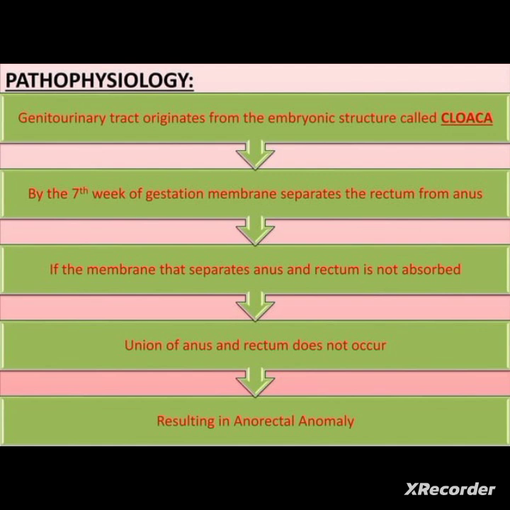If the membrane that separates anus and rectum is not absorbed, union of anus and rectum does not occur, resulting in anorectal anomaly. Usually by the 8th week of gestation, the membrane will be absorbed and union of anus and rectum takes place. But this does not happen in anorectal anomaly.